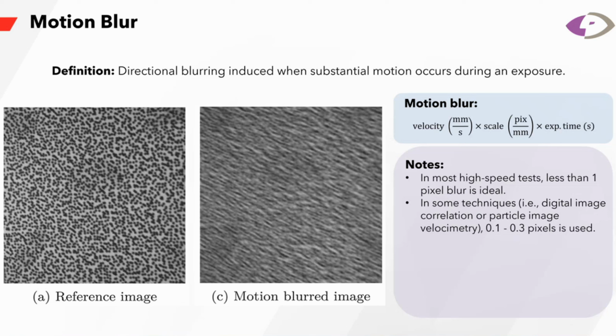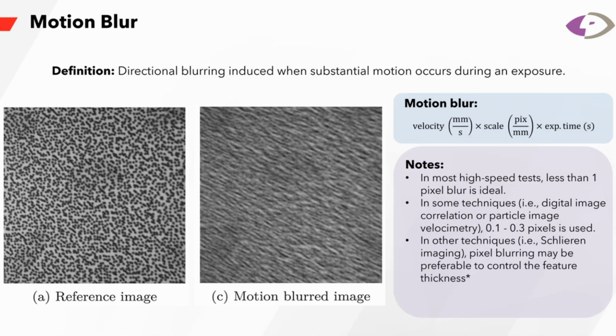Why do we want that level of motion blur? It's because we use what are called subpixel algorithms to do measurements, and they're going to be sensitive to this level of pixel blurring. In other techniques like Schlieren imaging, pixel blurring may be beneficial. It may help you define the thickness of your shockwave and really define your shot how you want it to appear in your recorded video.